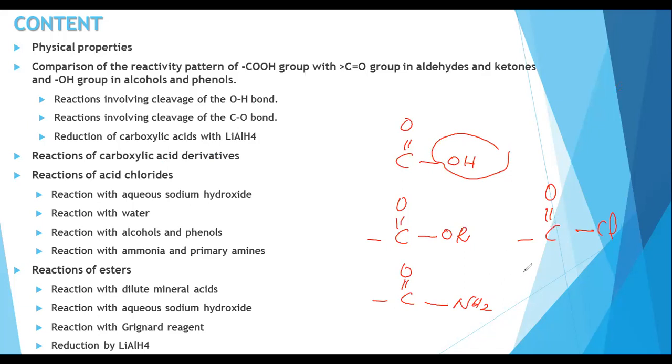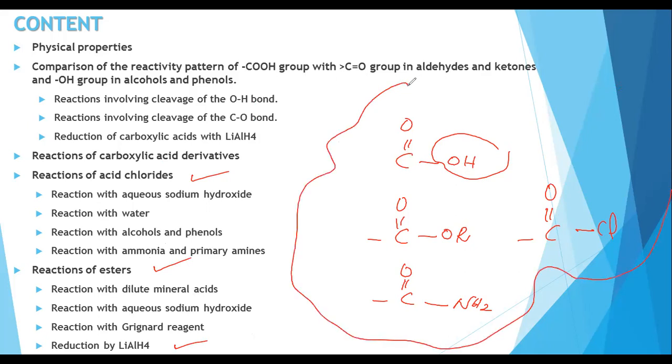Ester, amide, acid chloride. So here, the carboxylic acid, the reaction of the acid chloride, the reaction of the ester, and the reaction of the amide. These three we are going to study in different manners, right? And your acid chloride is able to undergo different types of reactions.